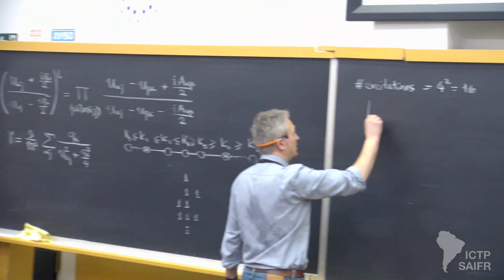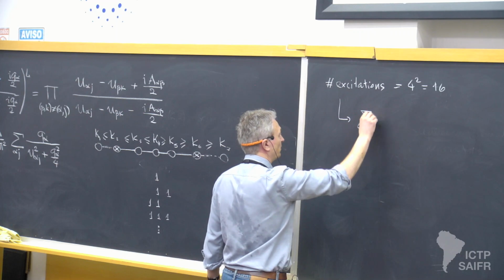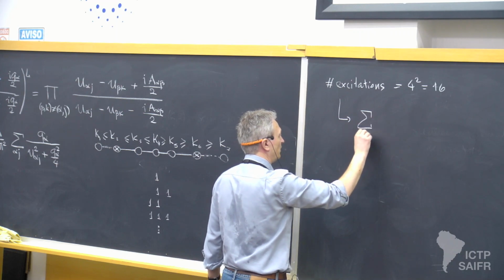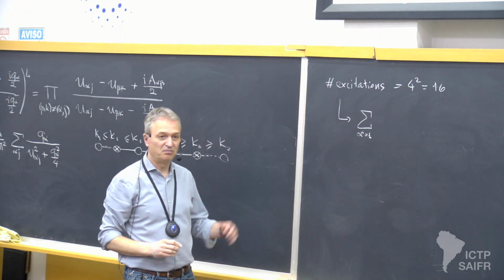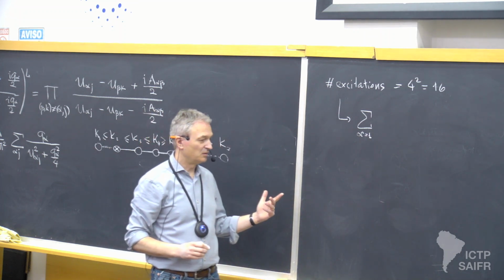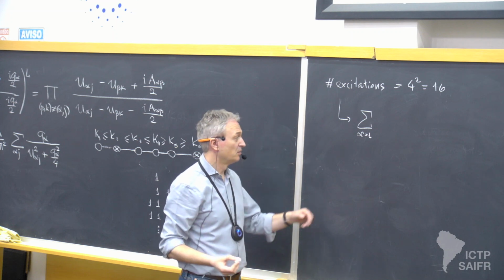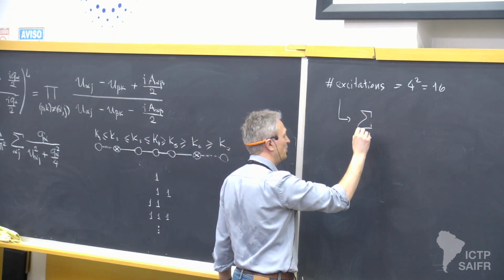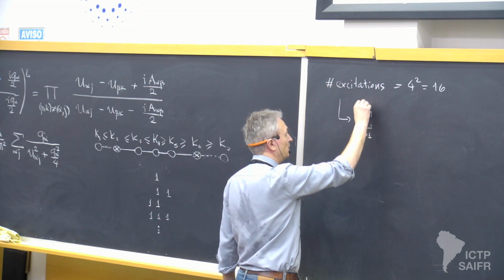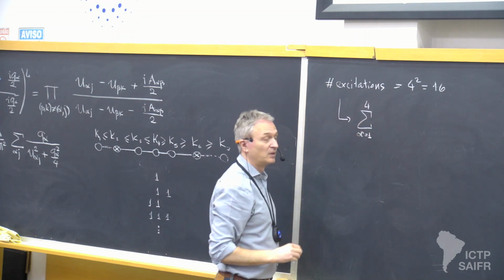So this number is equal to a sum. Each string will have a beginning and an end point. Let's denote by alpha its beginning, which can be anywhere between 1 and 4.